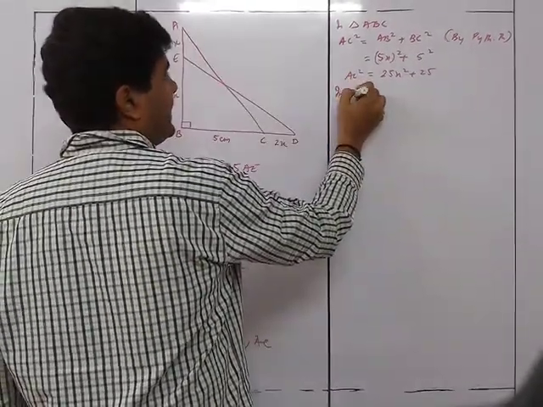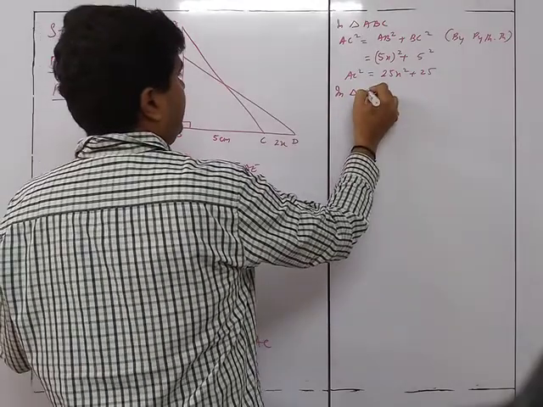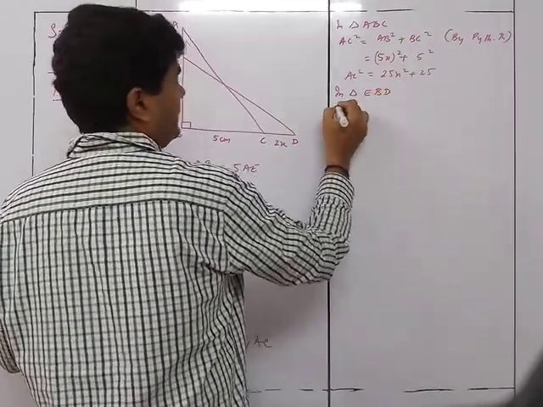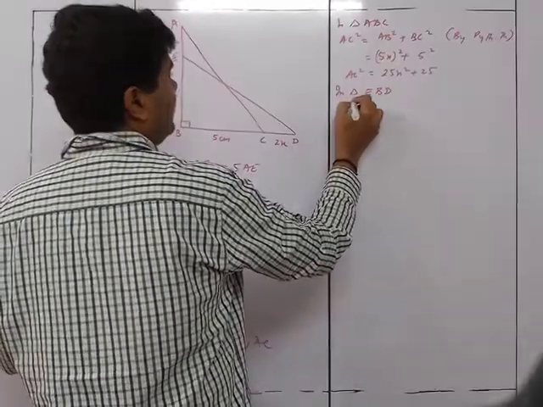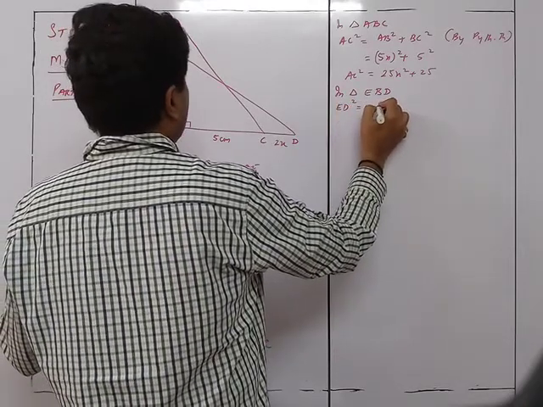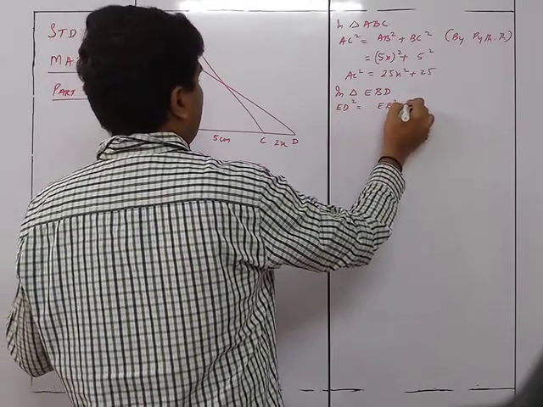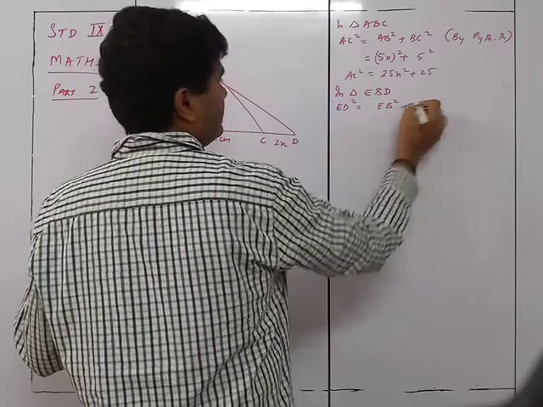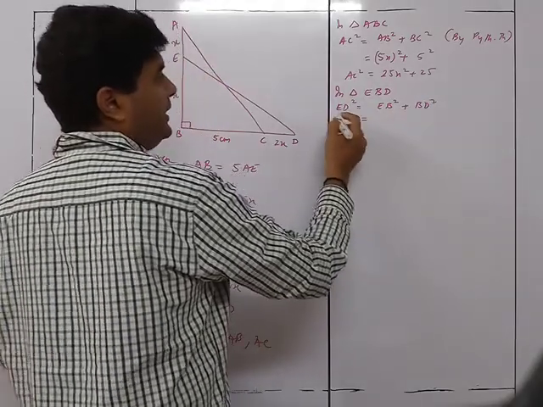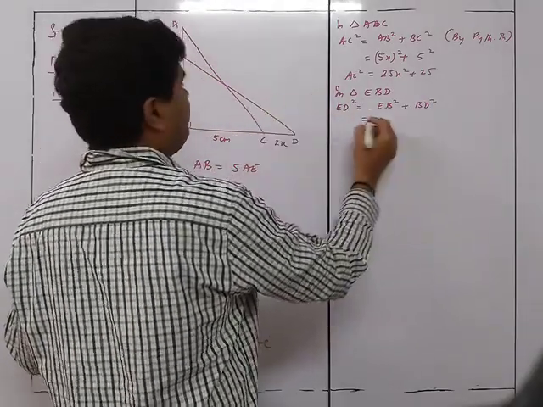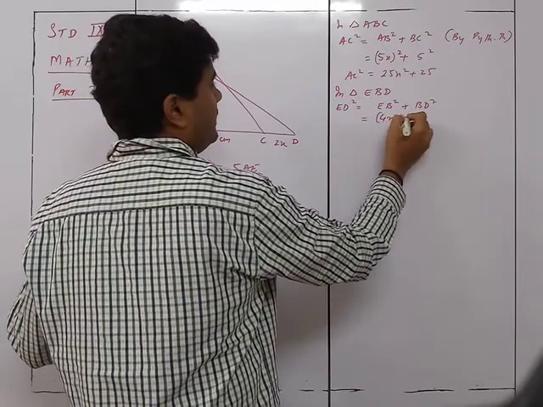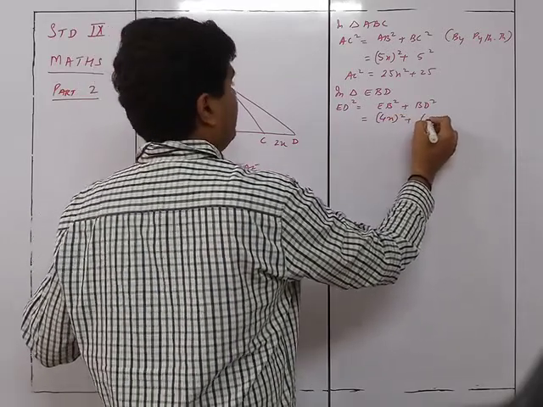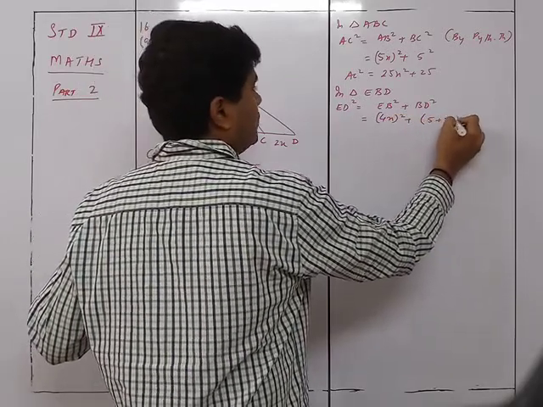Now in triangle EBD, we have ED square is equal to EB square plus BD square. So ED square is equal to EB, which is 4x, the whole square, plus BD, which is 5 plus 2x, the whole square.